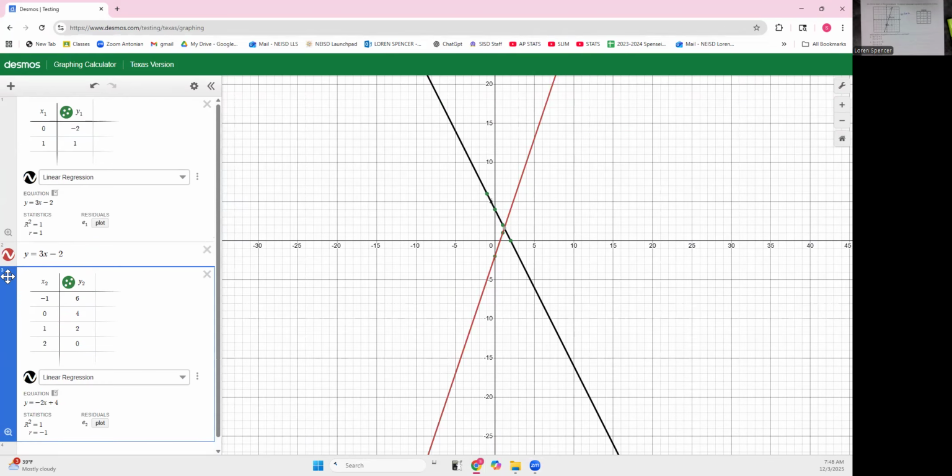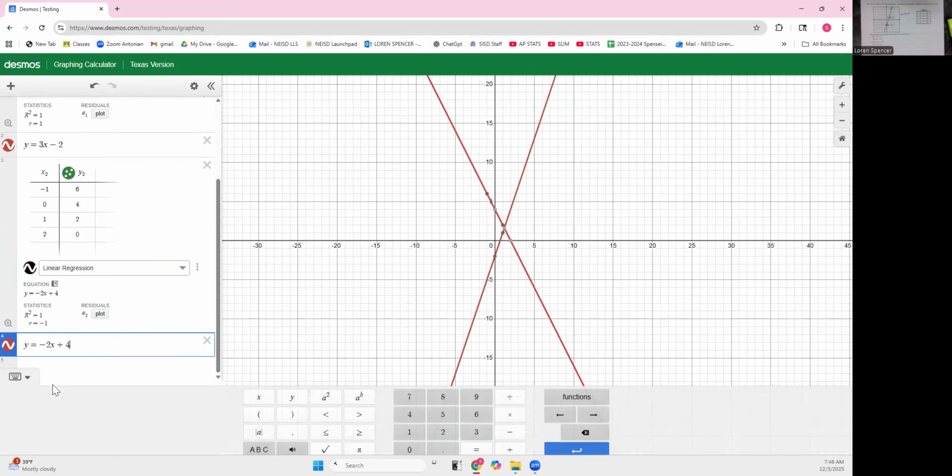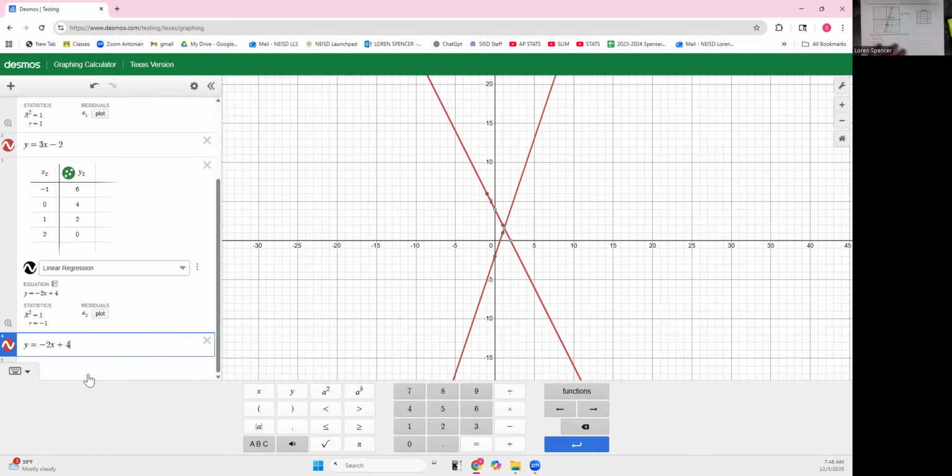And I'm going to press the domino button. And I get a new equation, y equals -2x plus 4. And I'm going to write that down as well. So y equals -2x plus 4.